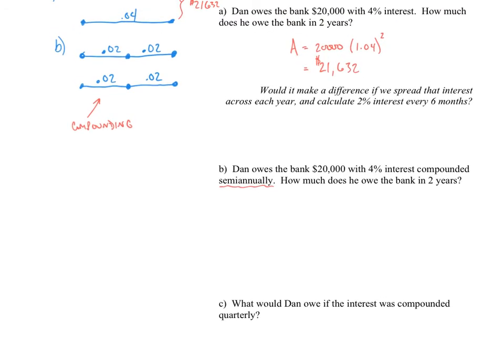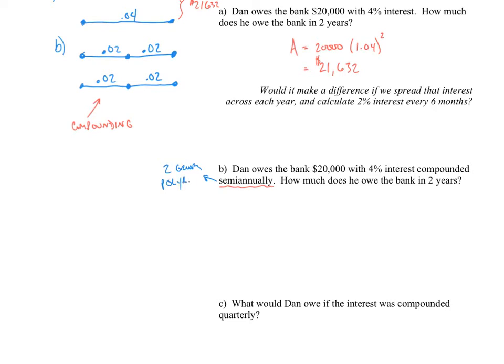Semi-annually means twice per year. That's why we've chunked that 4% into 2 groups rather than 4 groups or 12 groups, for example. So semi-annually, that's telling us 2 groups per year. How much does he owe the bank in 2 years?